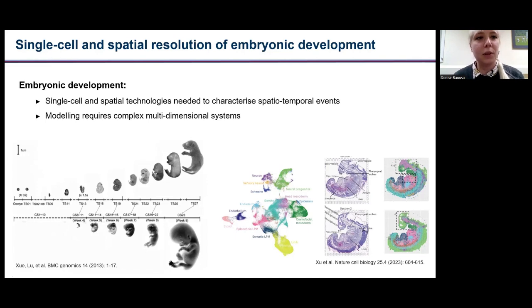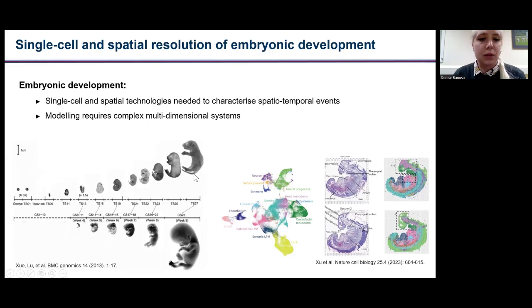A great example of why spatial technologies and single-cell resolution are extremely important is embryonic development. Embryonic development is a very complex series of events that are required to go from a single cell to a complete organism. You can imagine single-cell and spatial technologies are only now allowing us to understand all these stepwise processes that go from just a few cells to complete organs and patterns that make up human or mouse models.